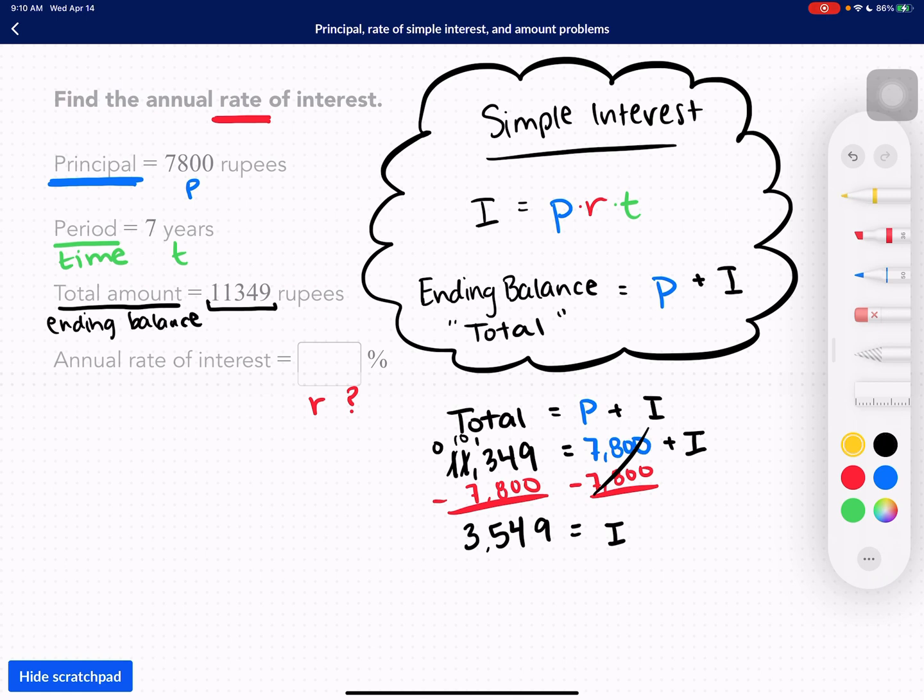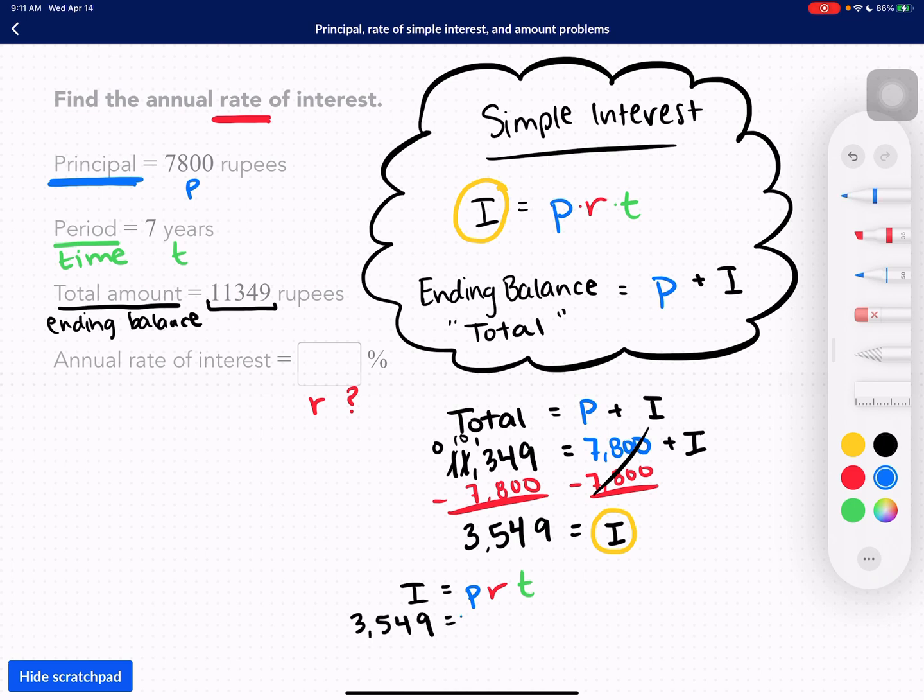So now what we know is we know the interest. So now we can use that in that formula there. I equals PRT, where each of those pieces are being multiplied together. Okay, so now I know my interest is 3,549. I just solved for that.